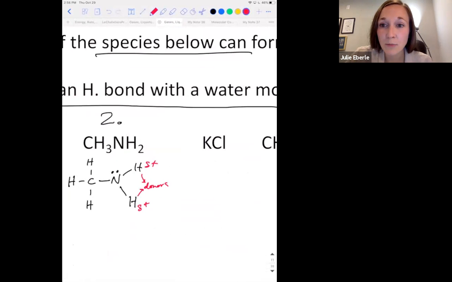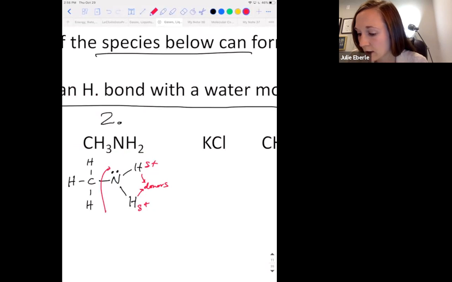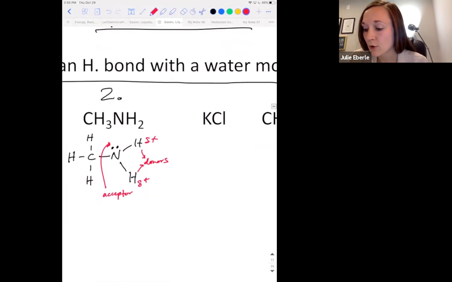So we can hydrogen bond for sure with at least a water molecule, but do we have any acceptors? I'm seeing a lot of people saying both, and that's true. This lone pair right here on the nitrogen, that is an acceptor. Because we have both donor and acceptor, we can H bond with itself.